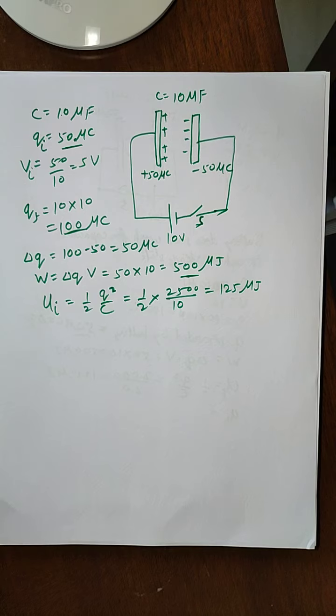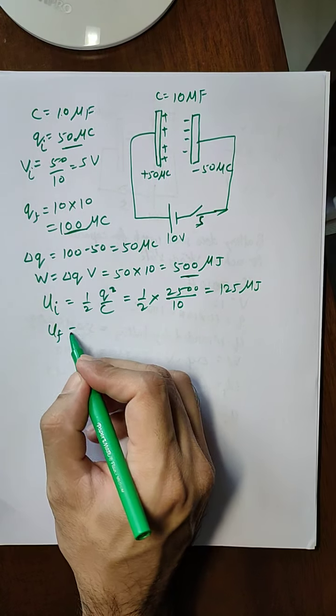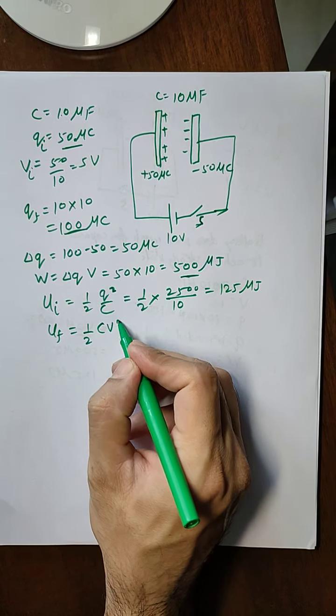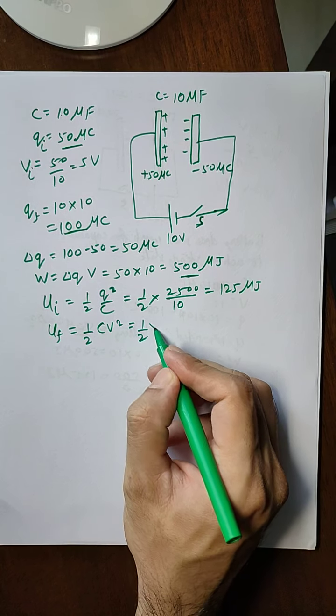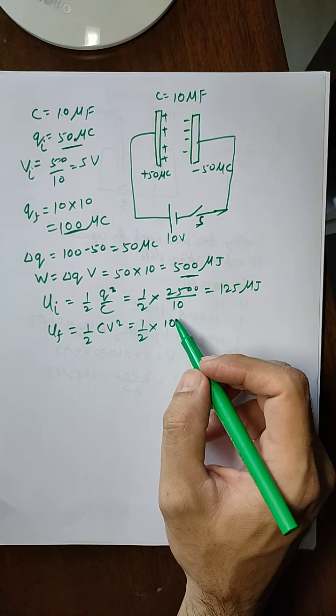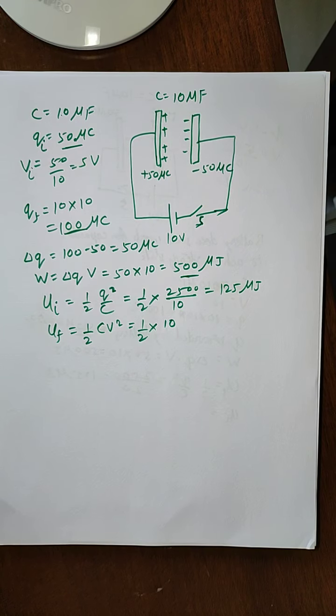So this was the initial energy before the battery was connected, and after the battery was connected, the final energy we can calculate by half CV square also. So it will be half, C is the value, C has value 10, or we can calculate it in micro only.